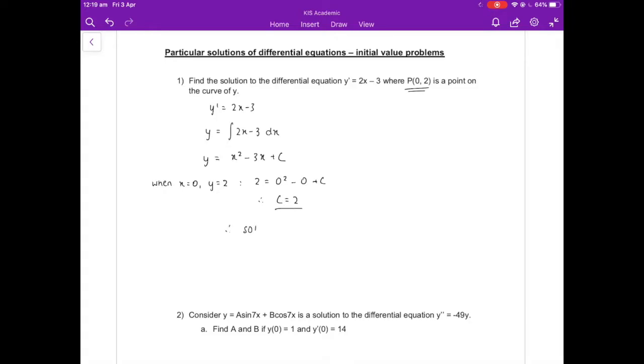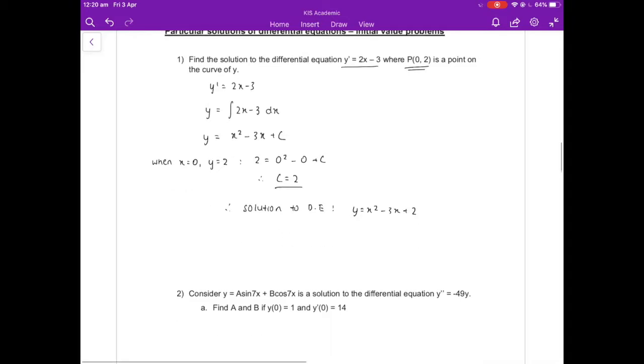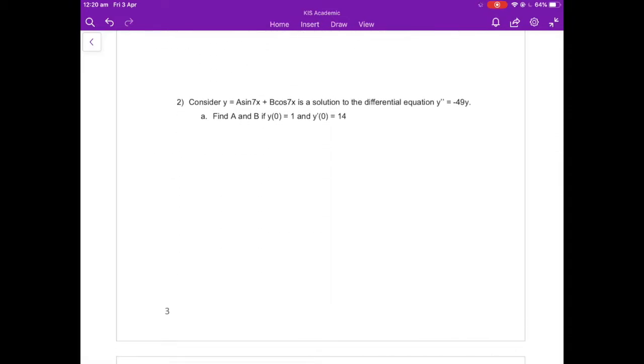Therefore, the solution to the differential equation would be y equals x squared minus 3x plus 2. And you can always check it by doing what we did last time in terms of how we check the solution to a differential equation. So you can differentiate that and sub it into the original differential equation to see if left-hand side matches right-hand side.